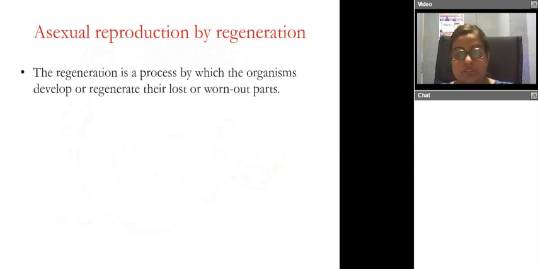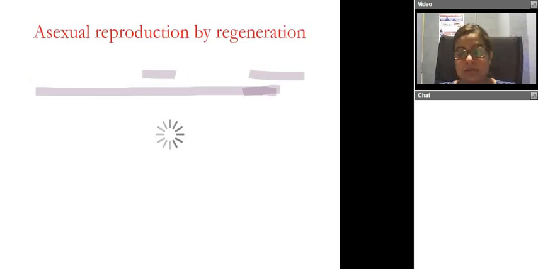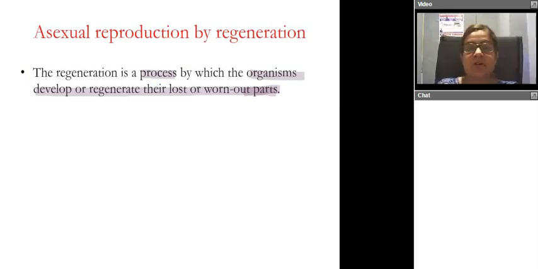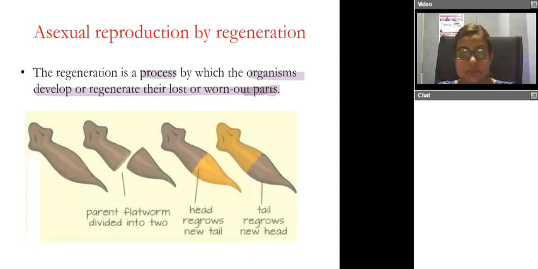What is regeneration? It is a process by which organisms develop or regenerate lost or worn out body parts. As we can see in this image, this is a parent planarian.